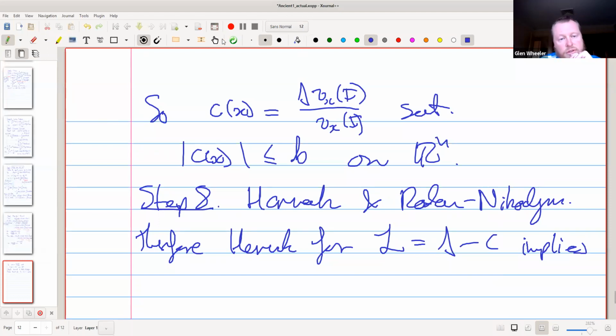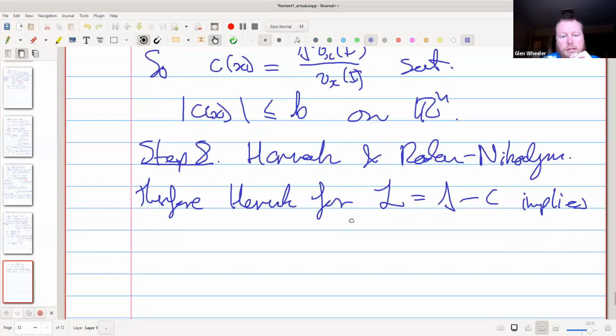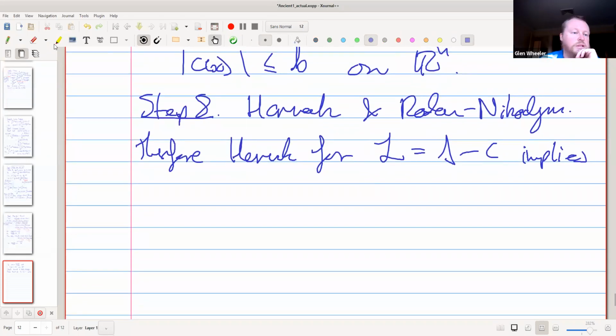If you think of the Harnack inequality as a type of oscillation estimate, then this makes a lot of sense, at least intuitively for me.